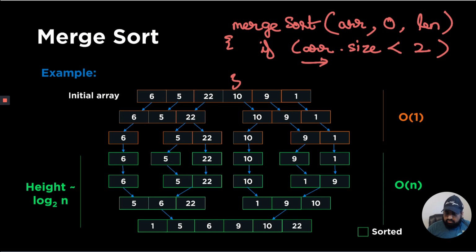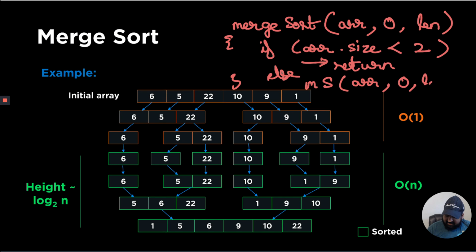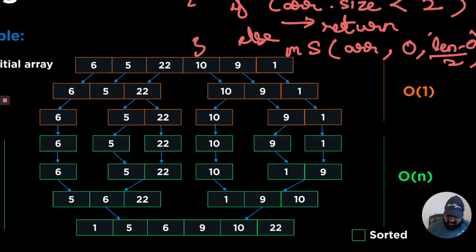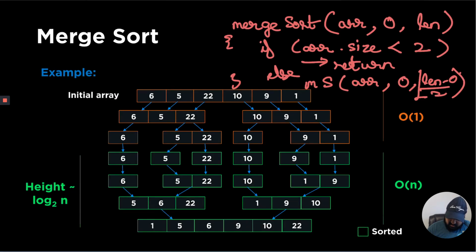If it is less than 2 we just stop. Otherwise we are going to call merge sort, which I'm abbreviating to ms, on array, comma 0, comma length minus 0 divided by 2, and you can take the floor of this, and then the other one from length minus 0 divided by 2 plus 1, comma length.